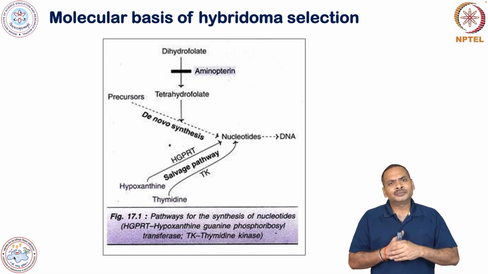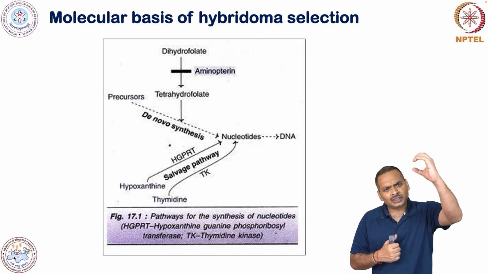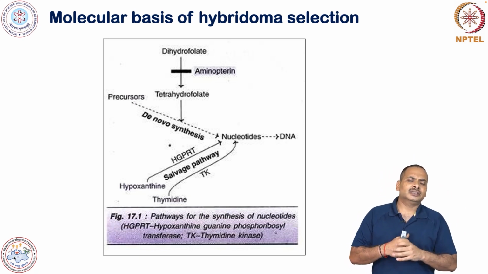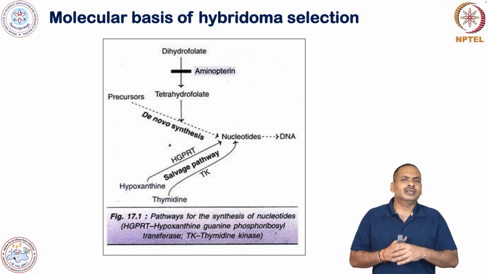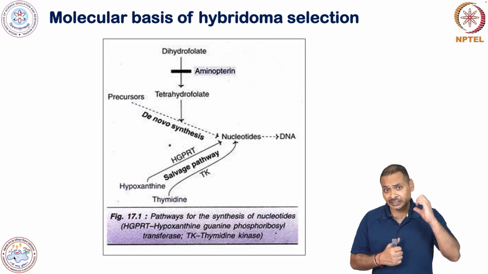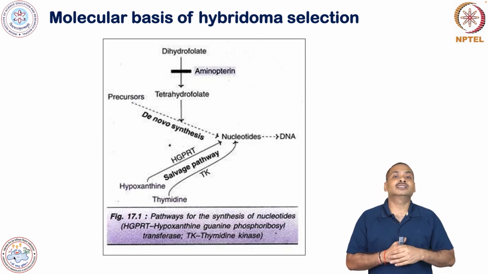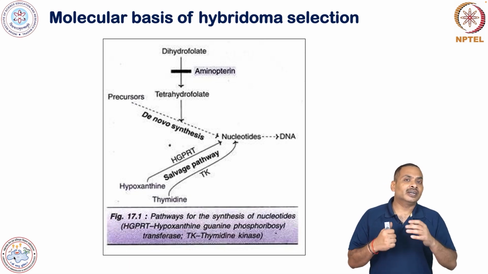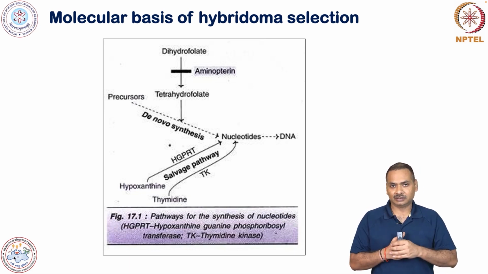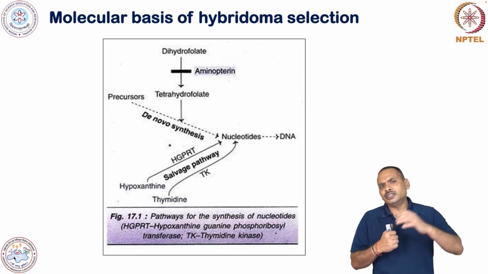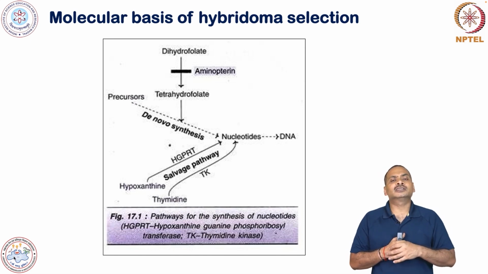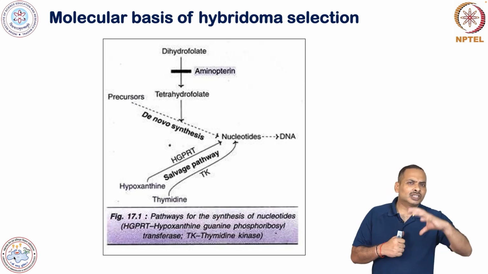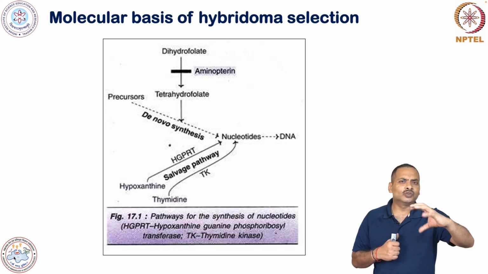So for this de novo pathway, there is one very important enzyme which is needed in order to drive this pathway. That enzyme name is dihydrofolate reductase. So this dihydrofolate reductase is very important in terms of controlling this de novo pathway.